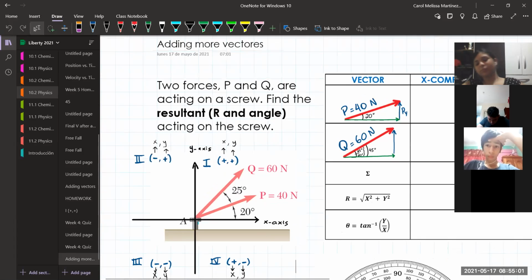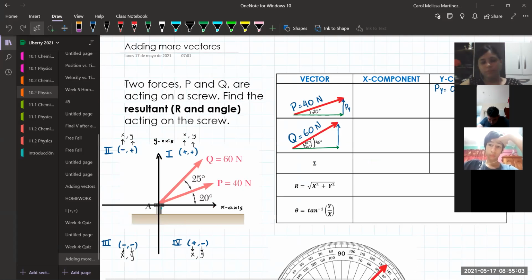So, what is the trigonometric function that I have to use for opposite? Sine or cosine? The one that we use for opposite.